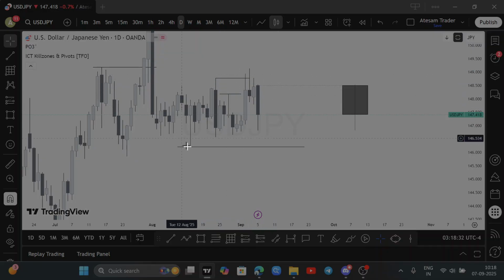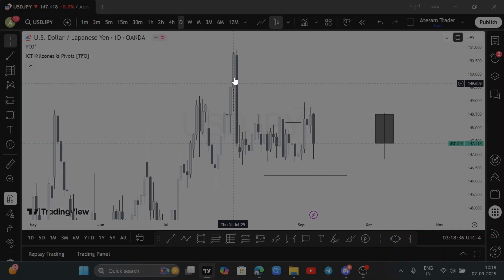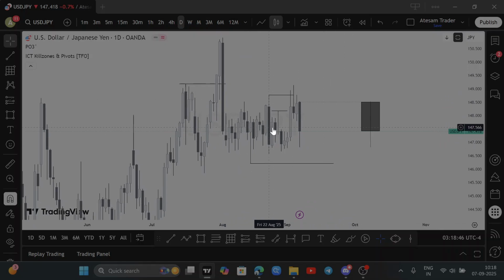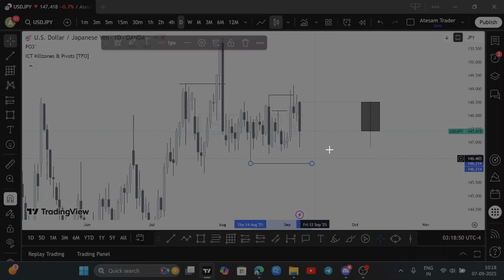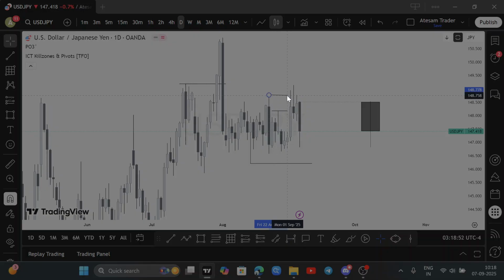Okay, if all of these are range, what happened here? Expansion going up, expansion going down. That means this is a reversal. After reversal, what can we expect? We can expect continuation and consolidation. This is a consolidation. If this is a consolidation, what have we done? We took the range high.